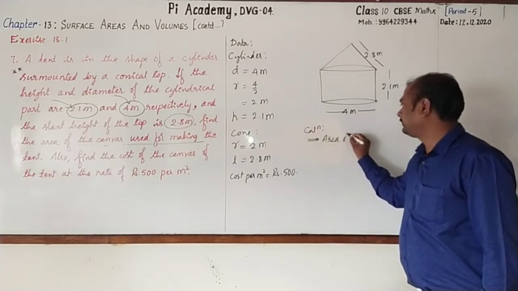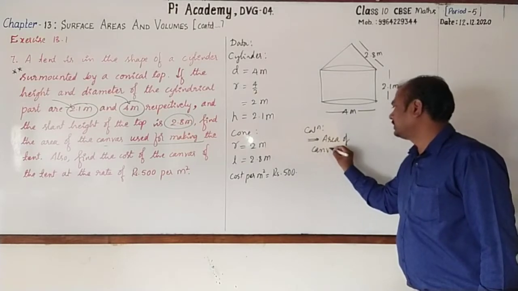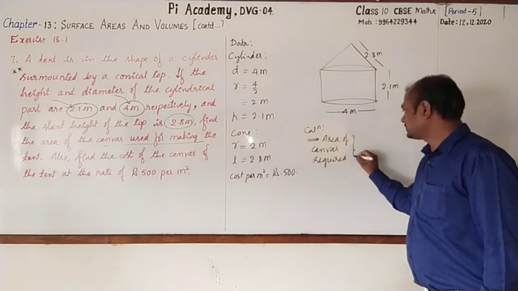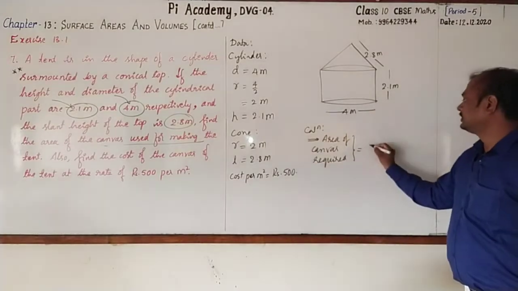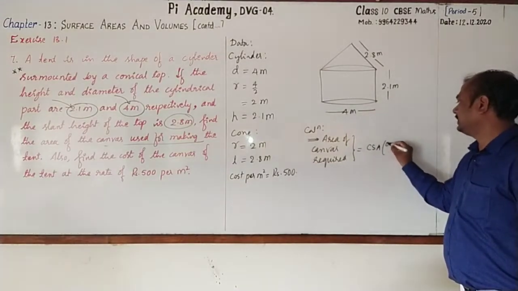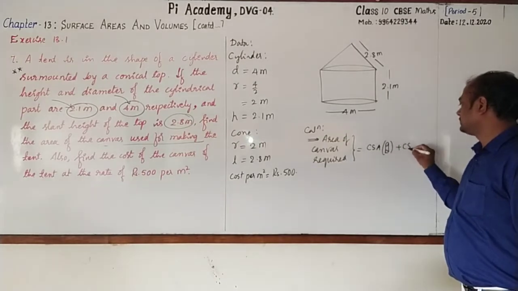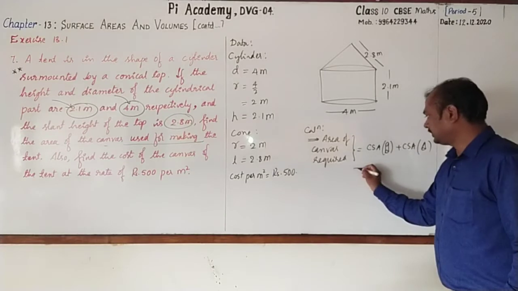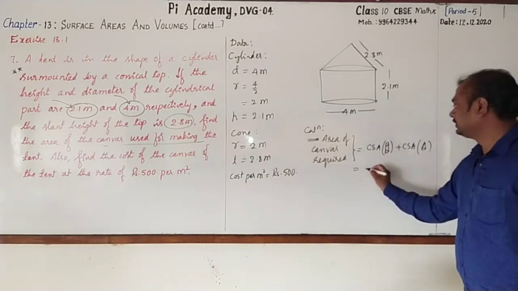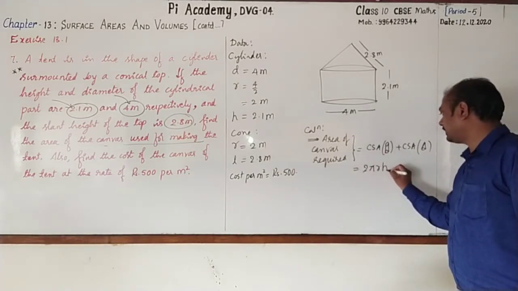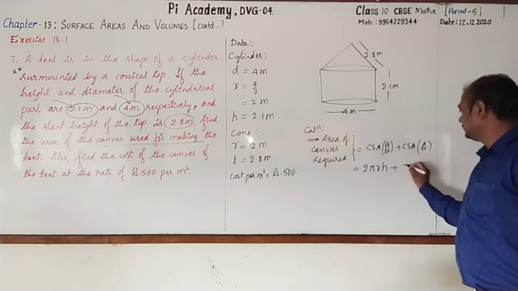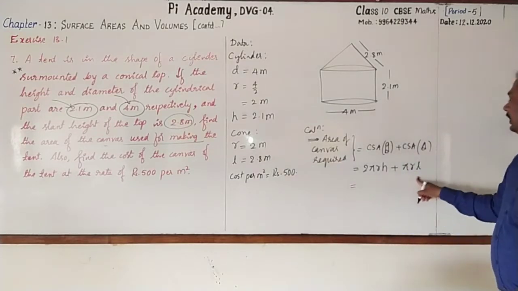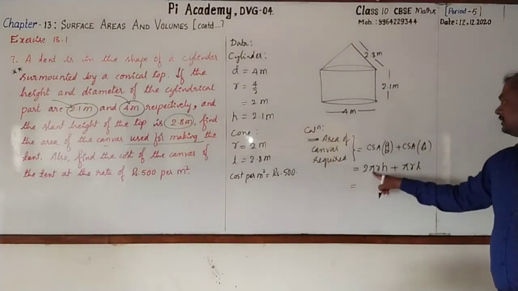Area of canvas required is equal to CSA of cylinder plus CSA of cone. Write the formula. This is 2 pi r h. What about this? It is pi r L. Then in both the terms pi r is a common factor.